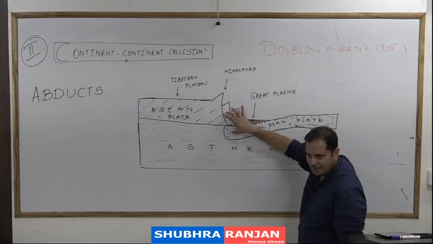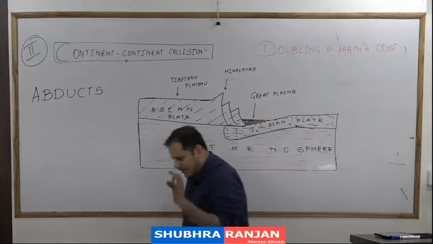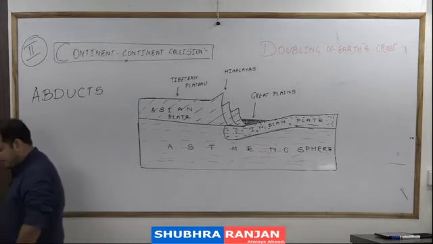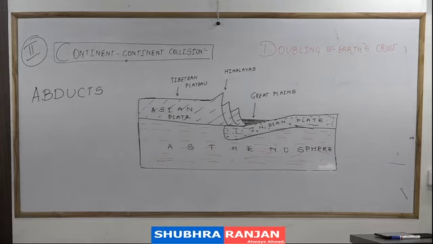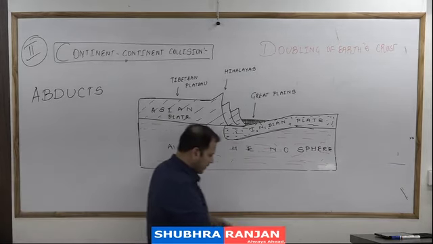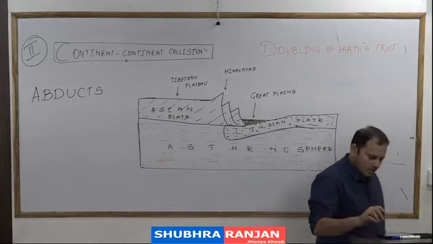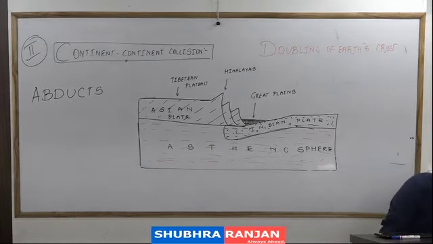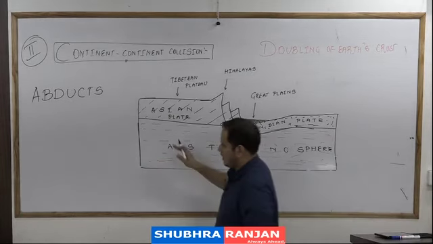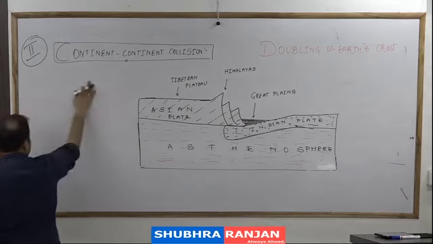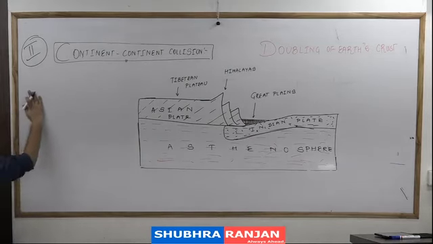You can see doubling of Earth's crust, and hence volcanoes are absent in continent-continent collision.